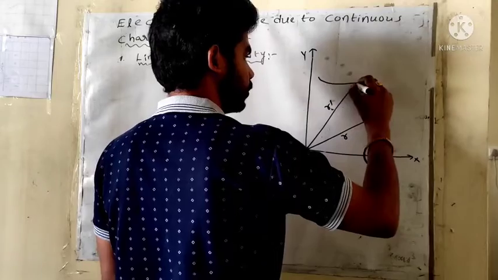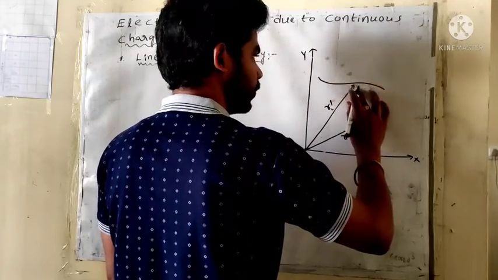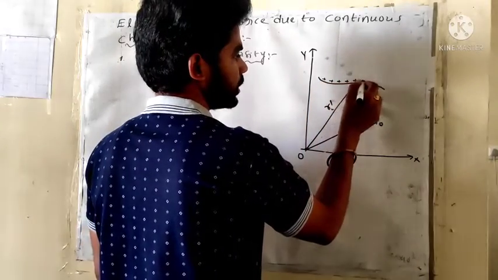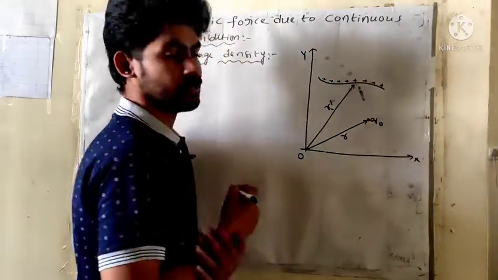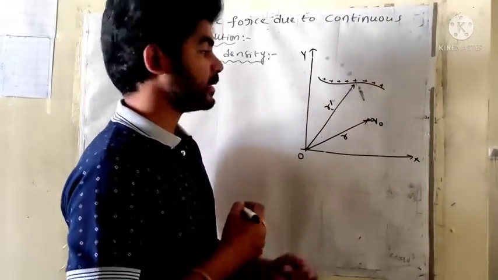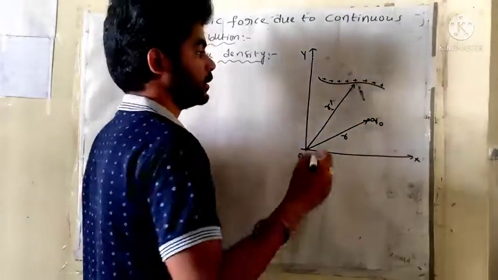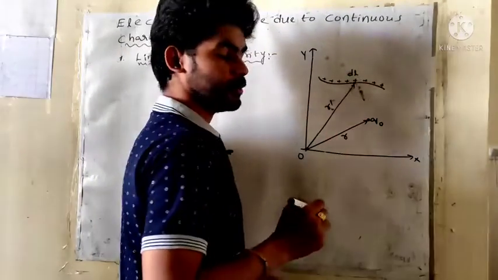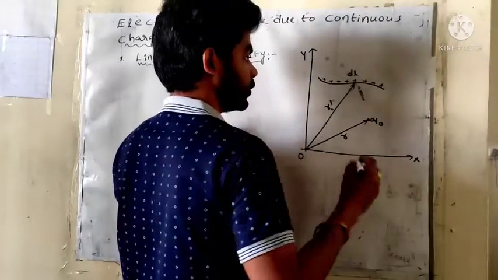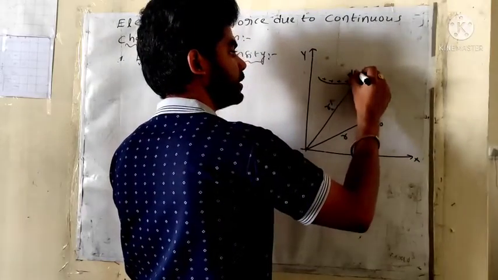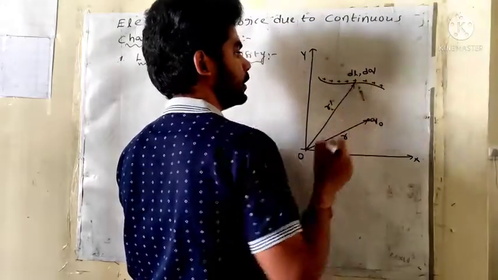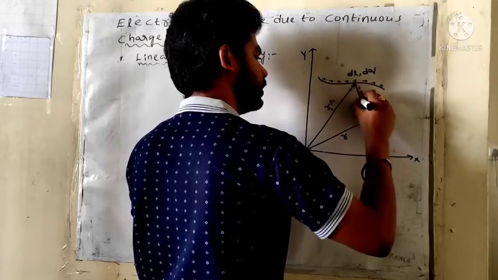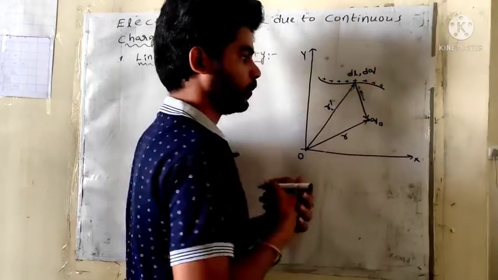Now I am calculating the charge density. This charge is totally positive. We are discussing a linear charge, which is why this is a conducting wire. At this particular point, a very small charge dq is distributed over a small length dl. We have to calculate the distance from the dq point to here.